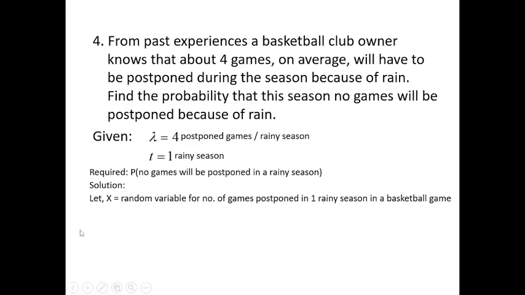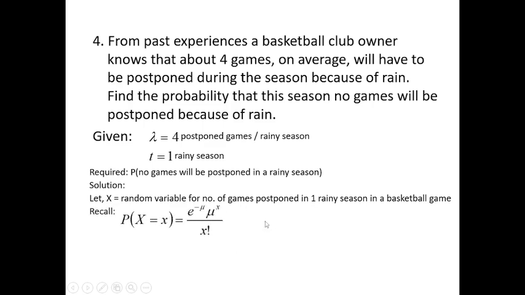So, solution. We let X be the random variable for number of games postponed in one rainy season in a basketball game. That will now be the random variable. So if this is our random variable, what is the probability that X is 0? That is our concern.